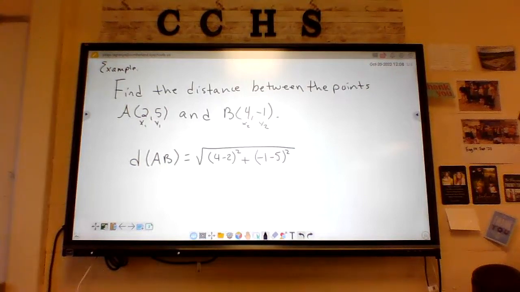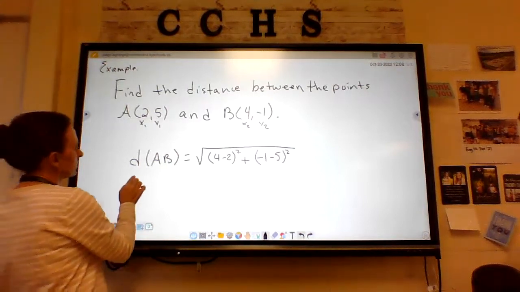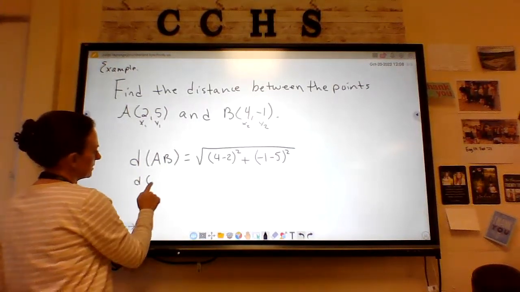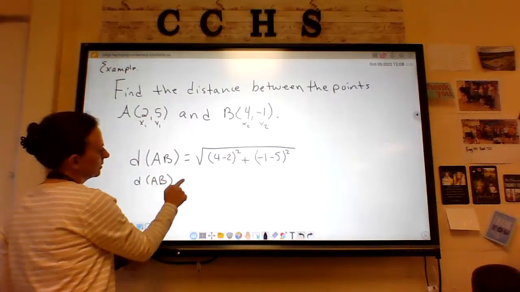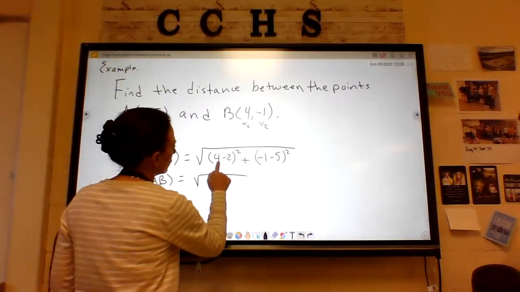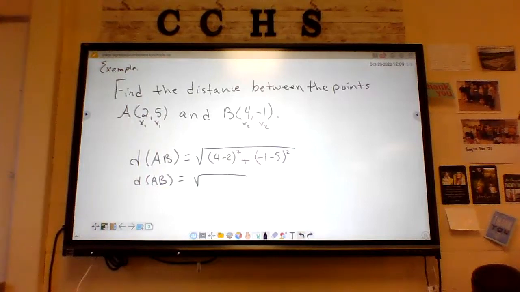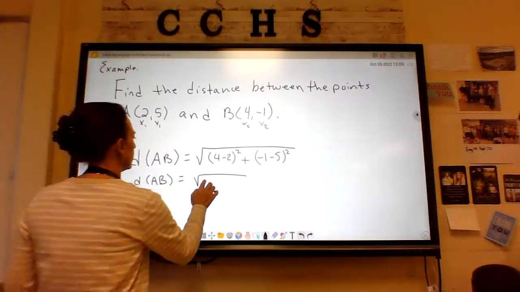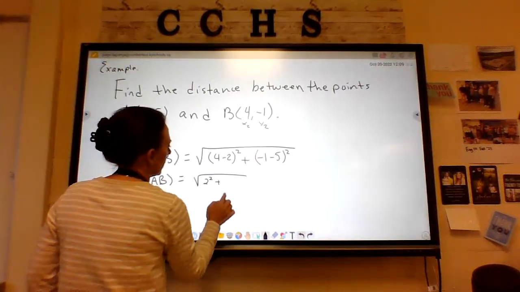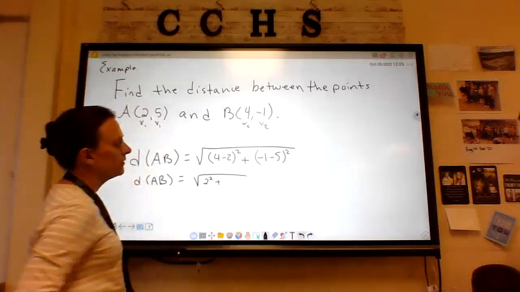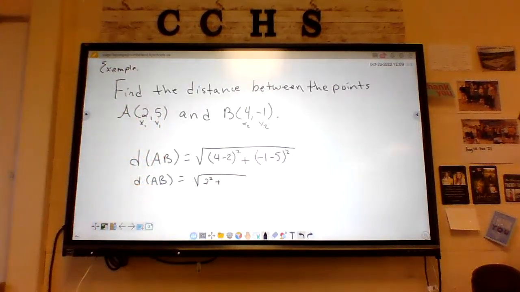So now let's whittle that down a little bit further. We still are dealing with the distance between A and B. What is 4 minus 2? And then that's going to be squared. And what about negative 1 minus 5? Negative 6.